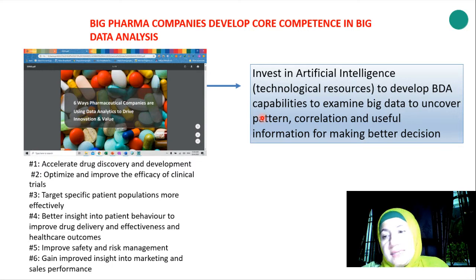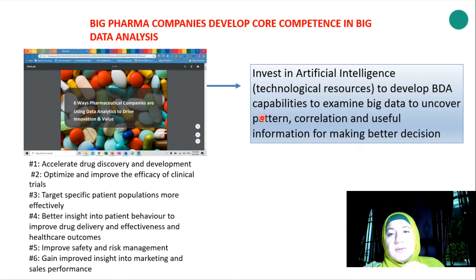They can get insights into their patients' behavior so that they can improve their drug delivery effectively and also improve the outcomes of their healthcare. And big data analysis can also help them improve their safety and risk management, as well as strategize their marketing and improve their sales performance.